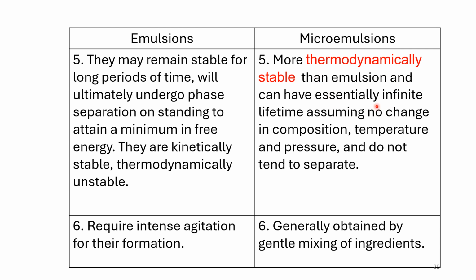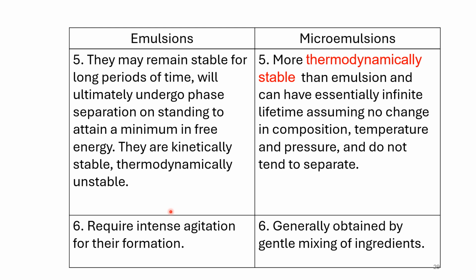Microemulsions require the addition of co-surfactant in order to minimize the interfacial tension between the water and the oil phase, while emulsion does not require the addition of co-surfactant. The droplet size of the dispersed phase in emulsion is very large compared to microemulsions.